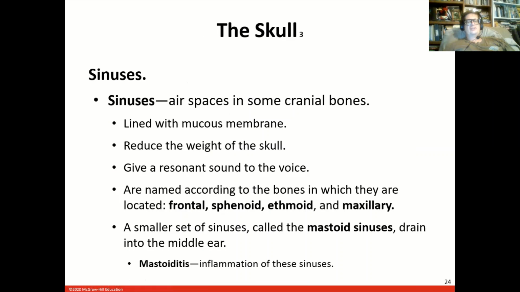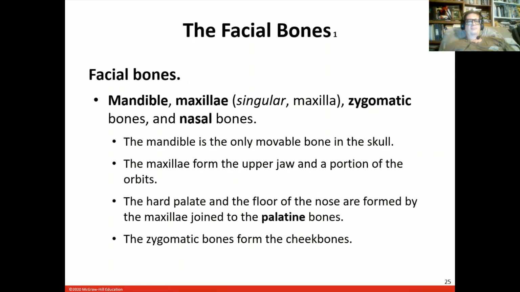So inflammation of the mastoid sinus is mastoiditis, because itis means inflammation. Let's move on. So the bones of your face, the mandible, that's your jawbone. The maxilla, that's your upper jawbone. I should have said mandible, lower jawbone. Your zygomatic bones.